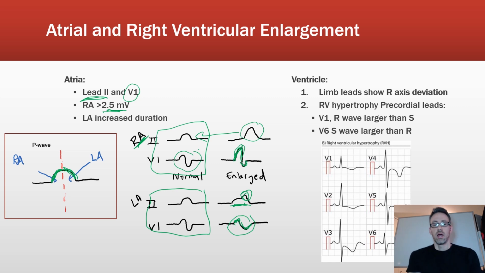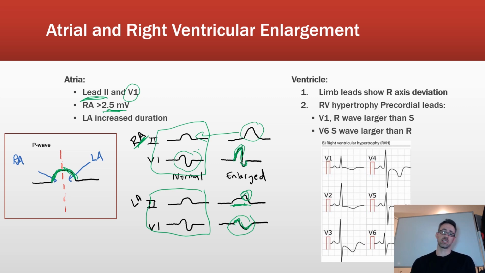Now, if I'm looking at the ventricles, let's start with the right ventricle. I'm looking at the limb leads first to look for axis, and I measure the axis, and like in our prior example, you need to have right axis deviation. So for right ventricular hypertrophy, right axis deviation is part of the requirement. Then I look at the precordial leads.